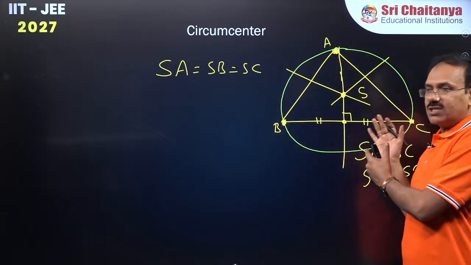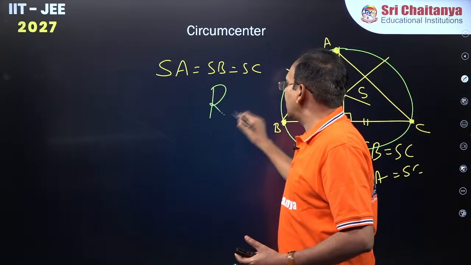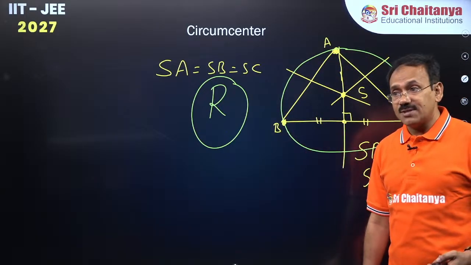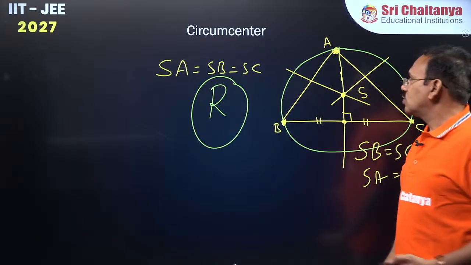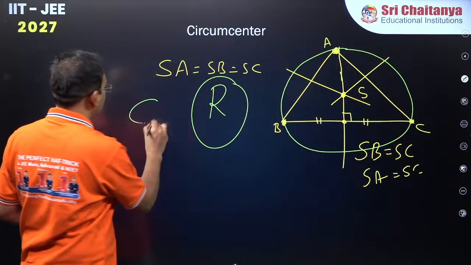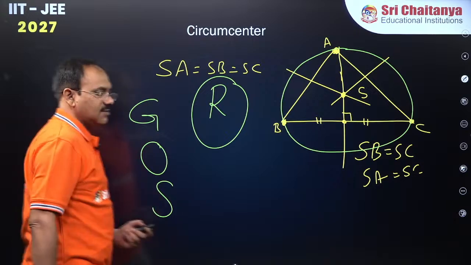Circum means outside. The circumradius is generally denoted by capital R. Fine, dear students, circumcenter, right? So far we have discussed centroid G, orthocenter O, circumcenter S.